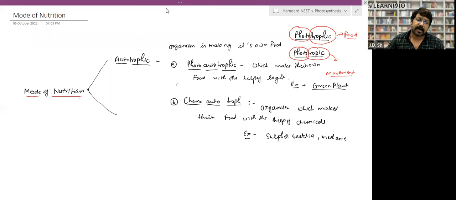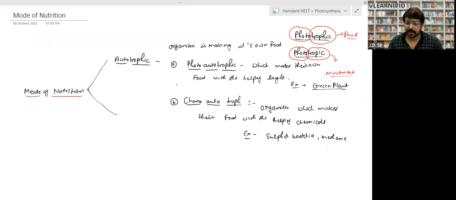It is highly combustible, right? Methane bacteria. When you go through different news, you must have heard that there are some people who go into the mines or the sewage treatment plants and die inside because of leakage of the gas. You must have heard this news across the world.